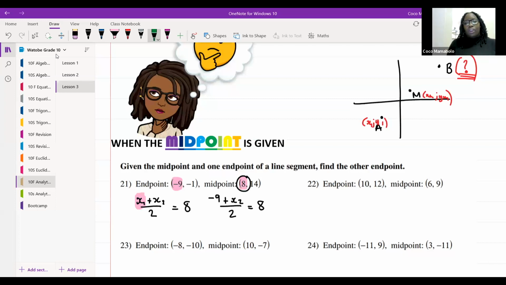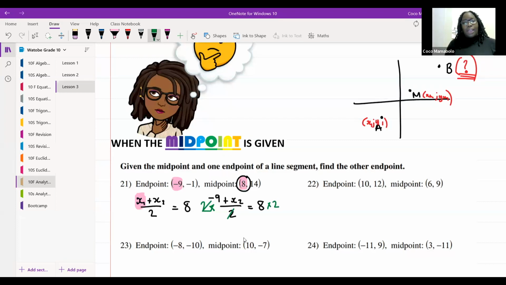Now, have a look at this equation over here. Do you see how this is divided by 2, correct? If I wanted to get rid of that divide by 2, I would then have to multiply by 2. So I would multiply by 2 on both sides, and this would cancel, like I would any other equation.